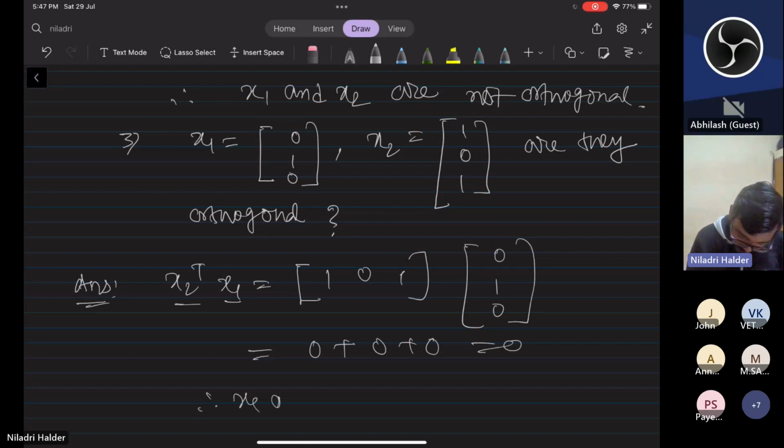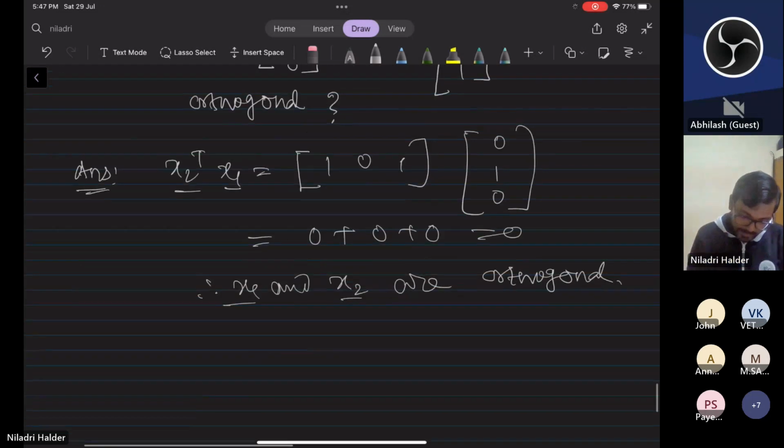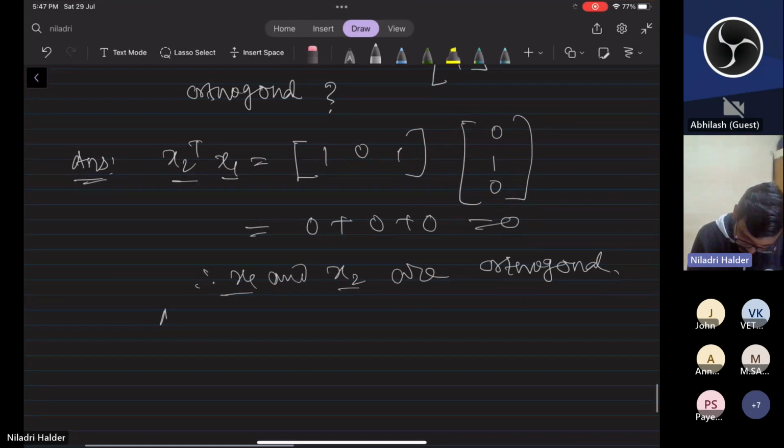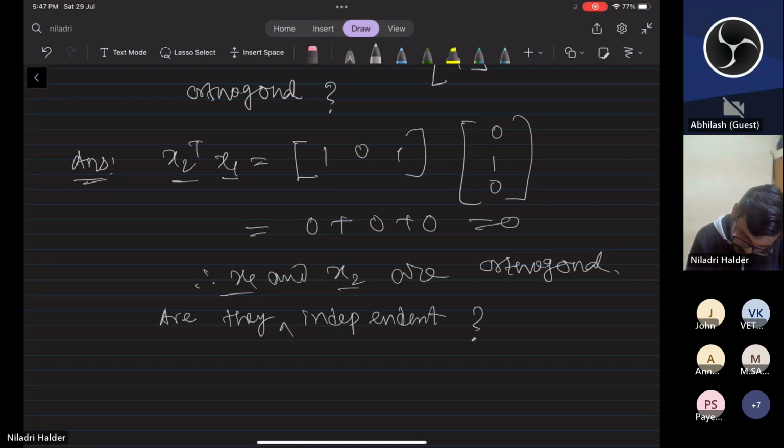So x1 and x2 are orthogonal. And then let's check, are they linearly independent? So the answer is yes.